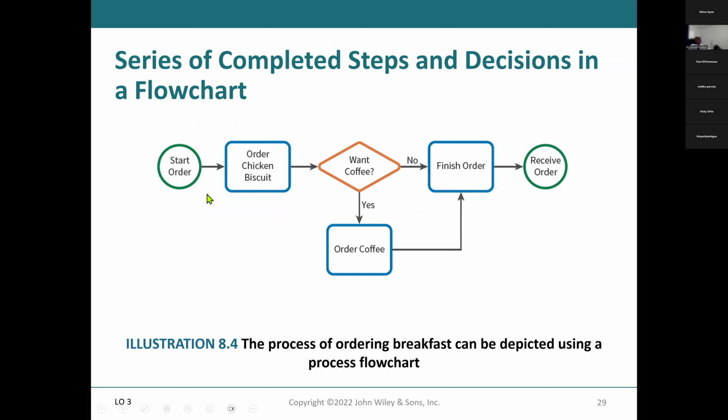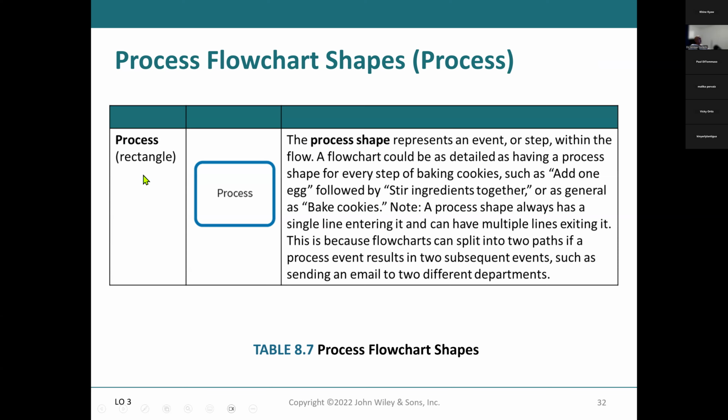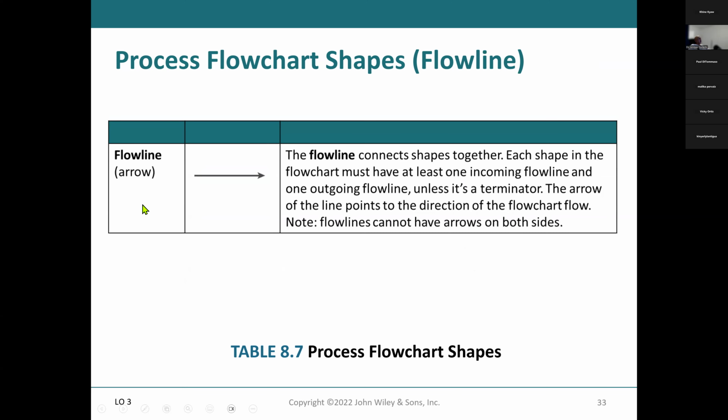So this is an example of a process. A single line comes in, here only a single one is going out, but it is possible, depending on what's happening, that multiple lines could be going in and out. Next, we have this diamond shape and rectangle, and flow lines are indicated simply with an arrow at the end.